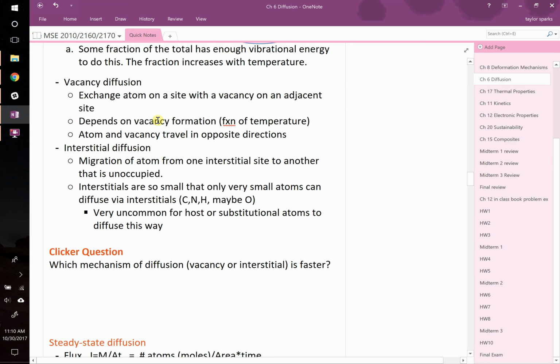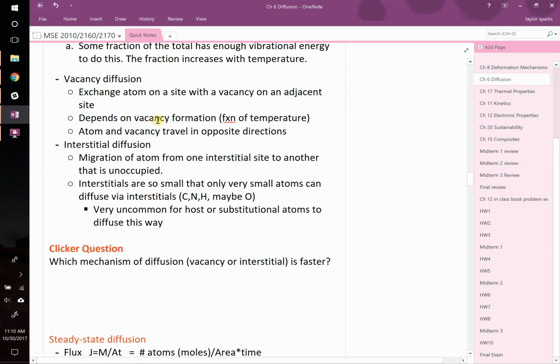So now we have 2 different ways that we can achieve this. One is vacancy diffusion, and this means that you're going to exchange the atom with a site that is already vacant, right? So imagine in the classroom, if there's an empty seat and a student sitting next to it, the student could hop from that seat to the empty seat. That would be an example of vacancy diffusion. And we know that vacancies themselves are a function of temperature, right?